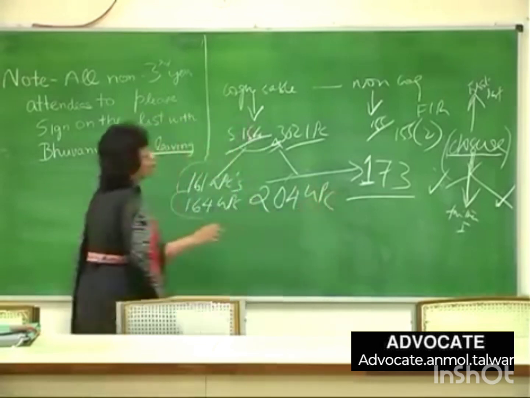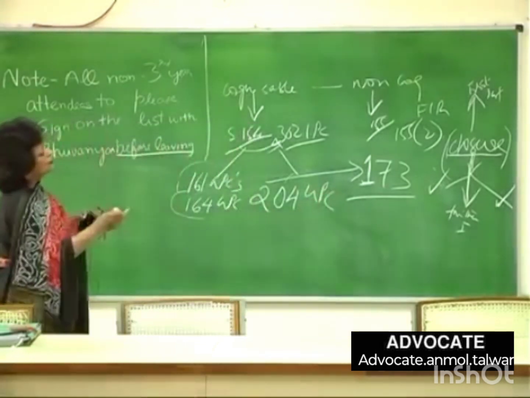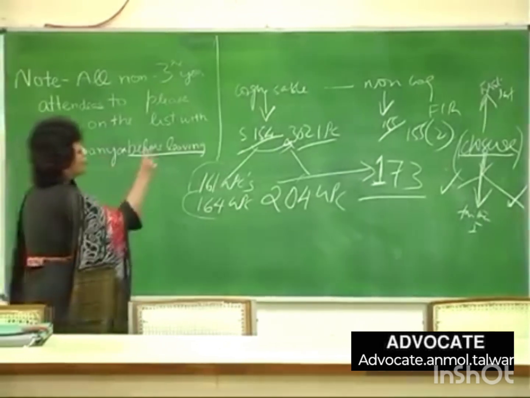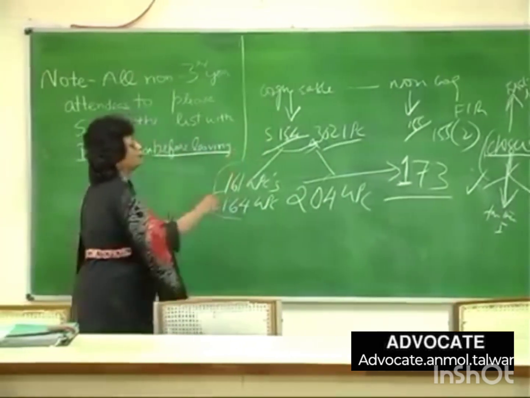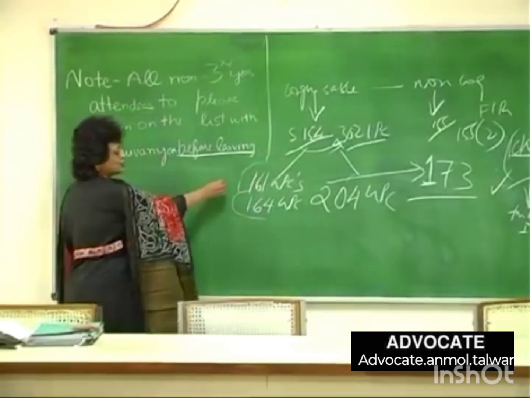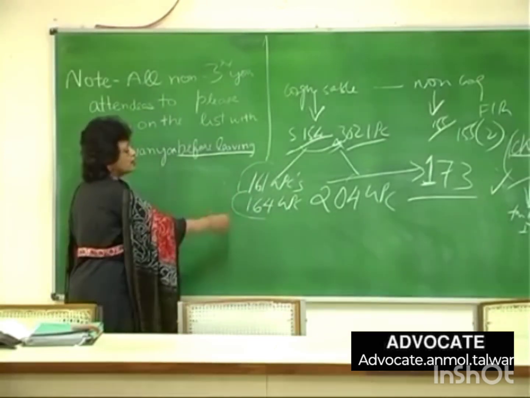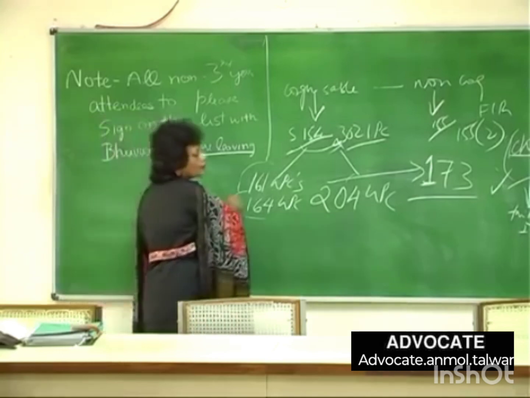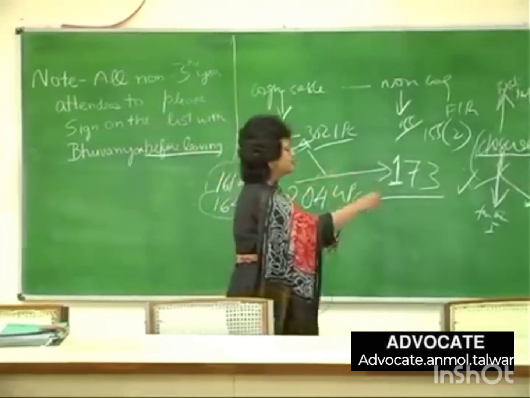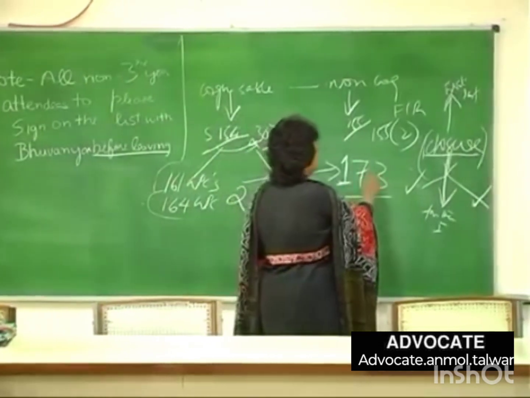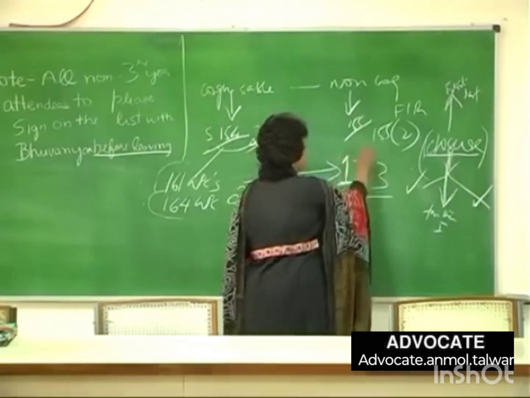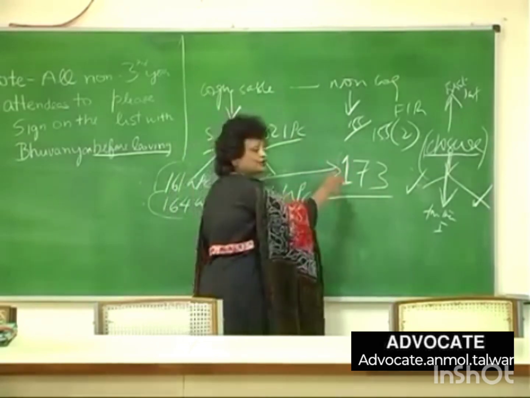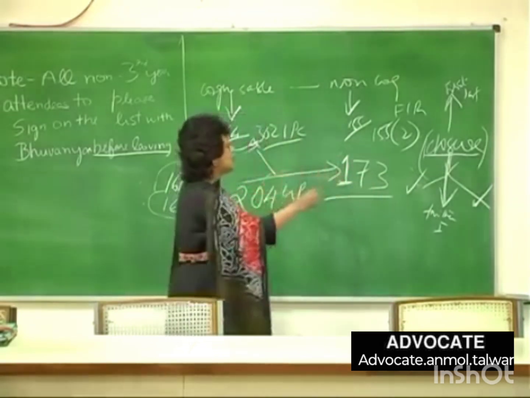Now, let me just repeat this to you so that you get this in its right order. An FIR is registered under 154. Statements of witnesses recorded under 161. Statement of witness before magistrate recorded under 164. Other documentary and forensic evidence collected. At the end of an investigation, the police prepares a charge sheet under 173 of the Code of Criminal Procedure.